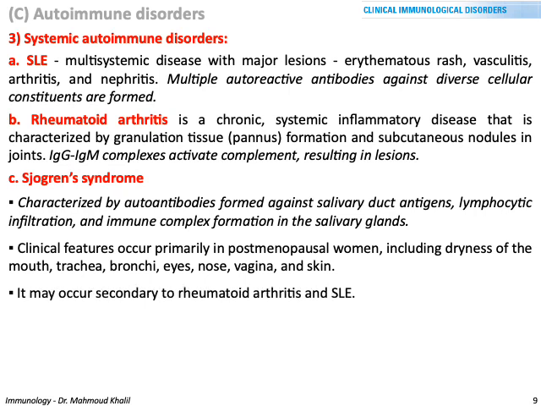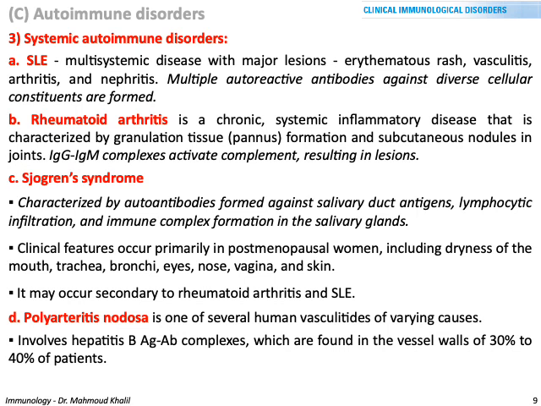It may occur secondary to rheumatoid arthritis and SLE. Polyarteritis nodosa is one of several human vasculitides of varying causes, involving hepatitis B antigen-antibody complex, which are found in the vessel walls of 30 to 40% of patients.